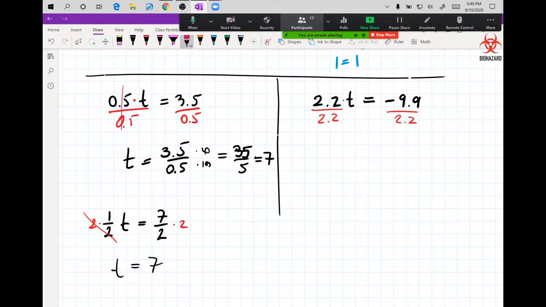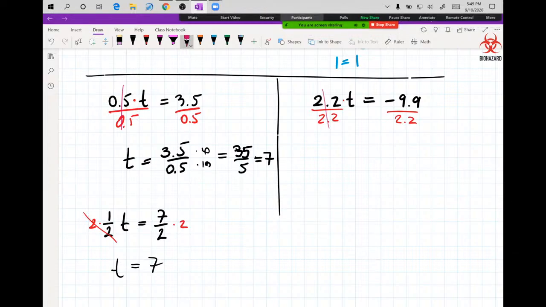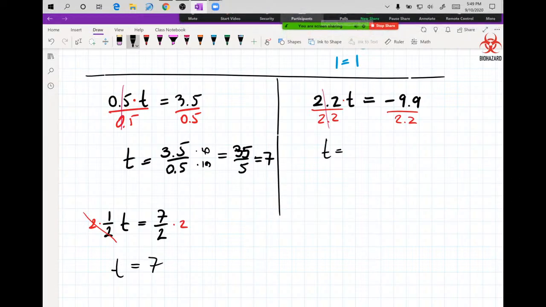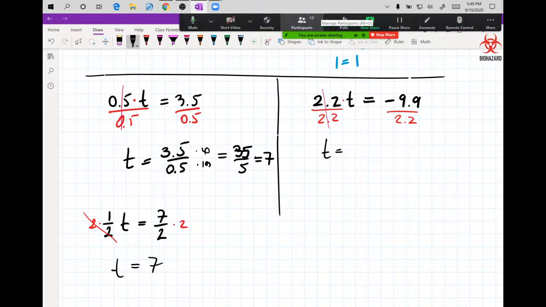So on the left-hand side, that just cancels, leaving a variable t alone. That could be t, could be x, could be y, could be z, could be any letter we pick as our variable. Now on the right-hand side, if I multiply both numbers by 10 to get rid of the decimals, we get negative 99 over 22.